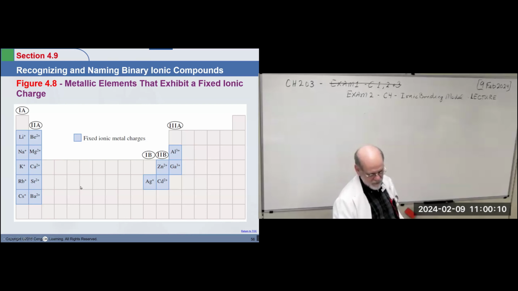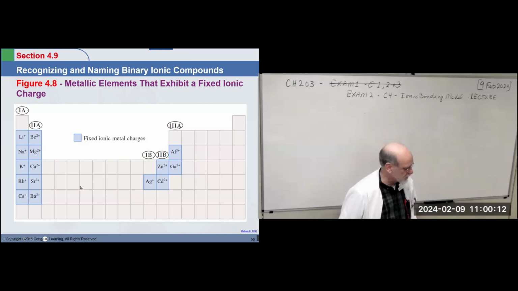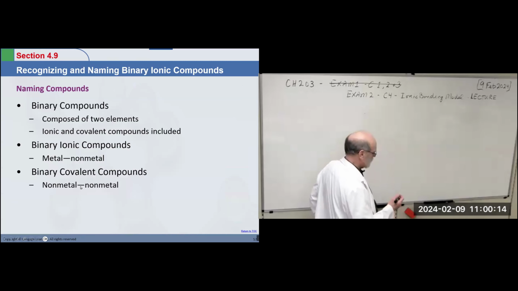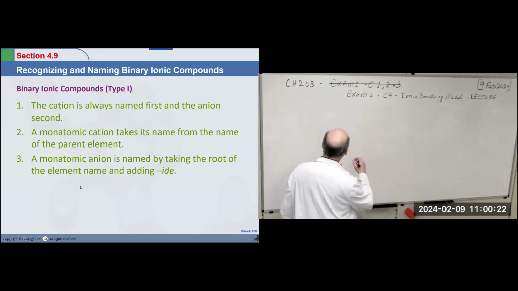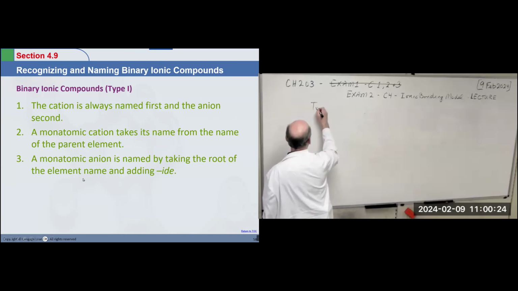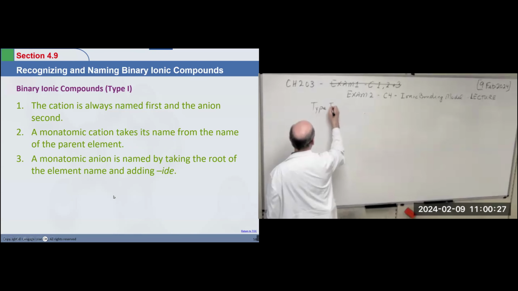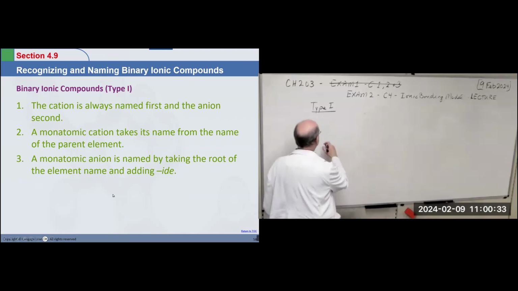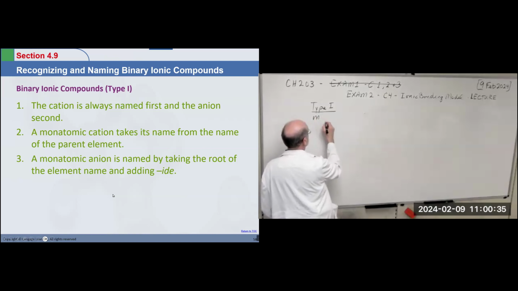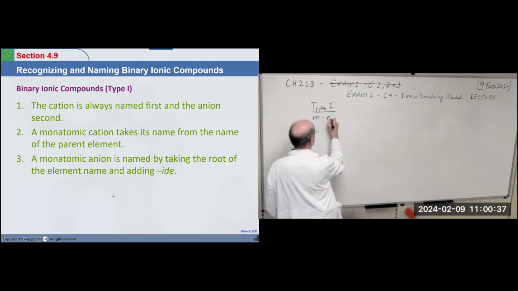Now, why did I bother to do that? Well, we're going to learn how to name compounds, and we're going to start with binary ionic compounds as our model. Type 1 compounds. These are always formed from a metal and a non-metal.